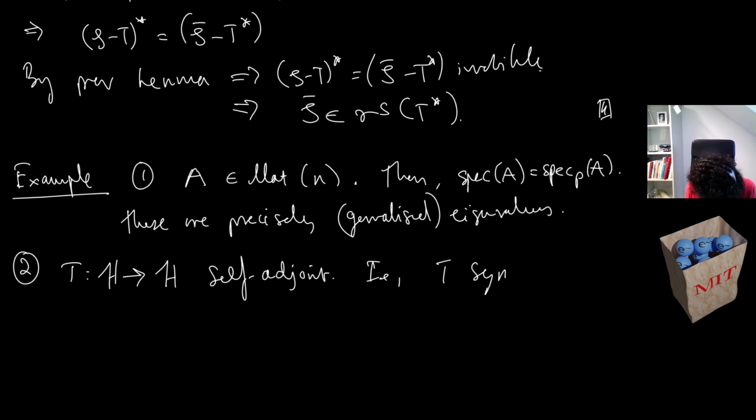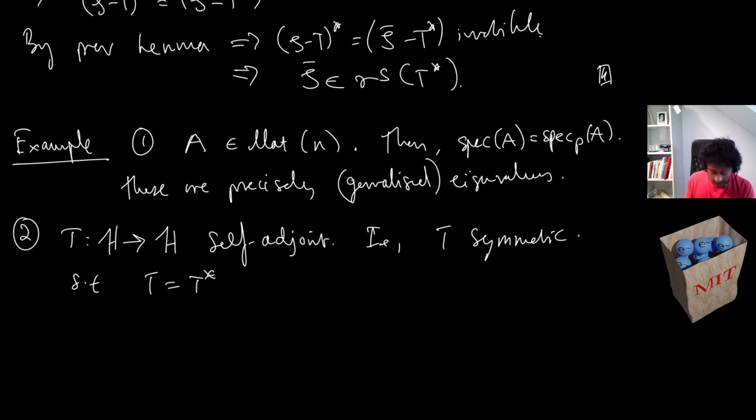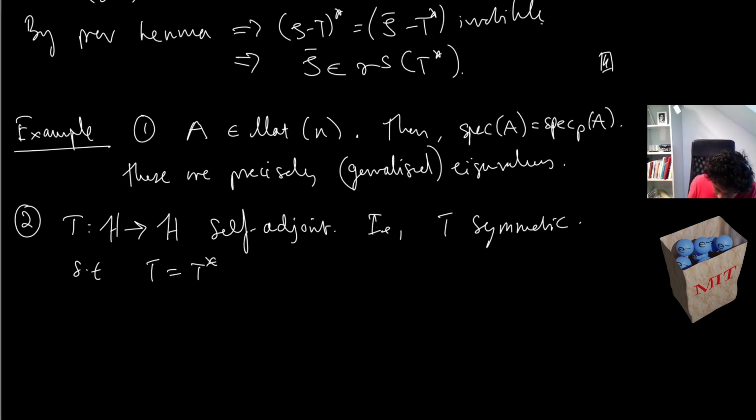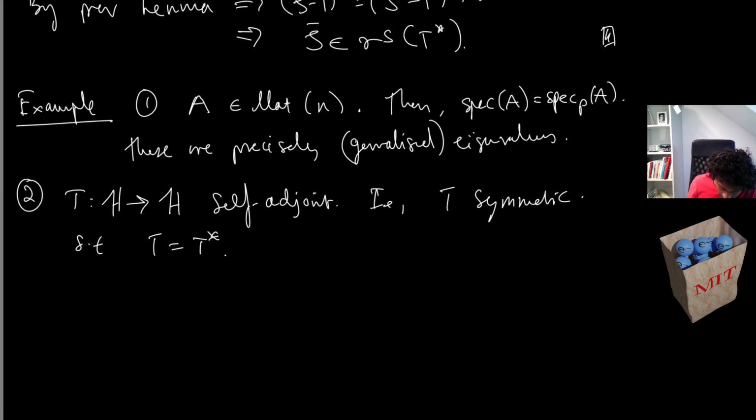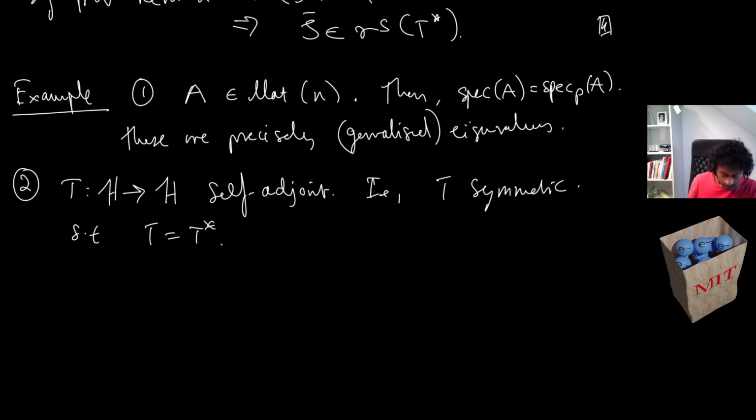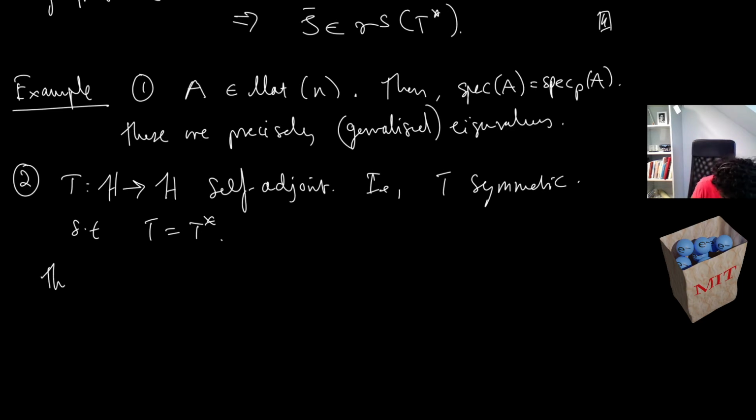Recall what that means: T is equal to T star. T star is always closed, so this has to be true, that it's closed and densely defined. Then the spectrum of this operator is real.